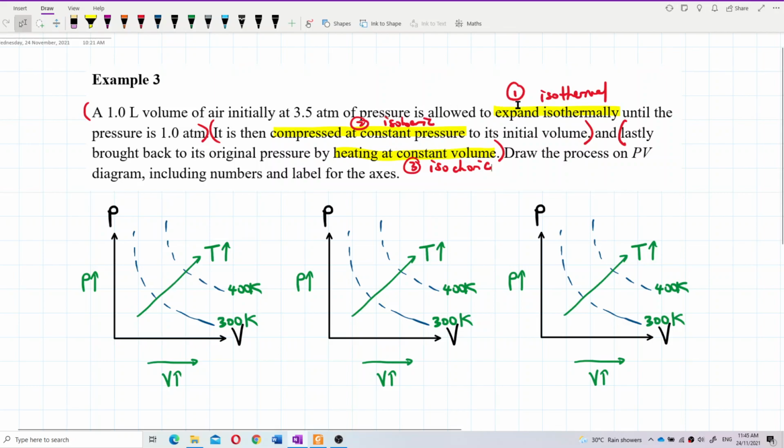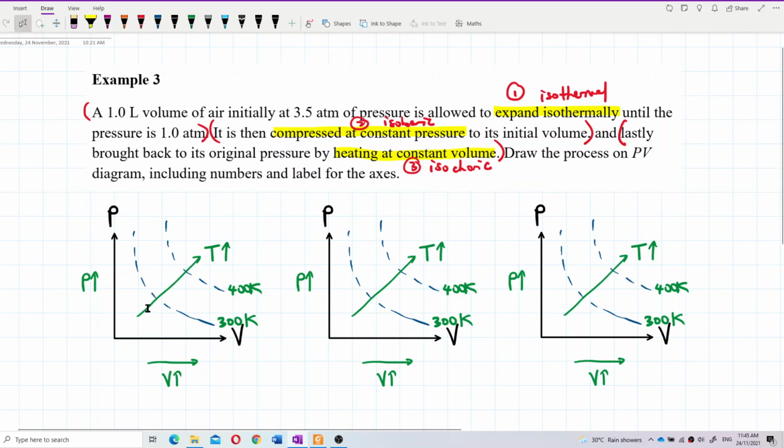So first of all, you can draw separately and predict how each process looks. I just drew this graph like here. You can see that when the graph goes up, pressure increases, and when the graph goes to the right, volume increases.